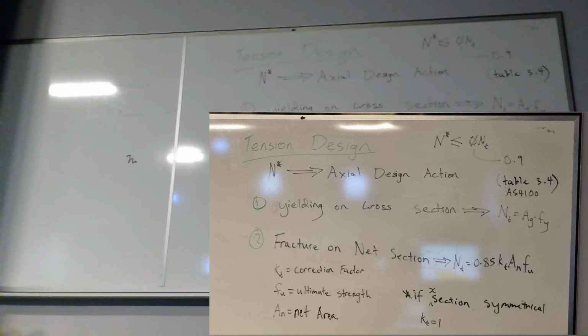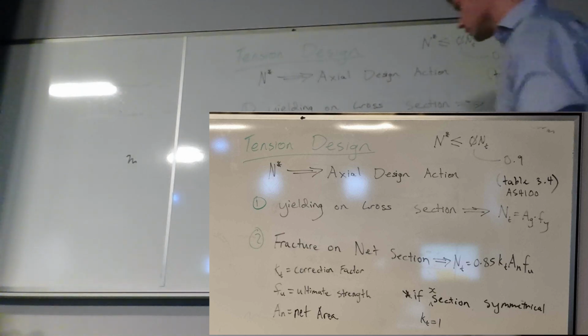So what do you reckon this is called? Net area. This is called the net area, and this is the gross area. So if you have a beam section, when you talk about yielding on gross section, you're talking about the whole section. And then with bolt holes, you're going to reduce the area, so net area. Alright, net area.